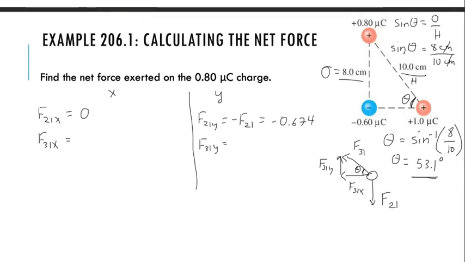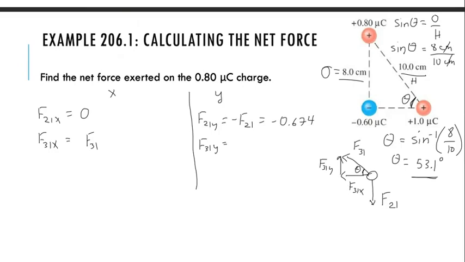Okay, so now that we know the angle, how do we find F31x? Go ahead and pause the video and write down the two components for this force. Okay, so the way that you write down the components is you write down the hypotenuse first, which is F31, and then you think about, is the side that I'm looking for opposite or adjacent?